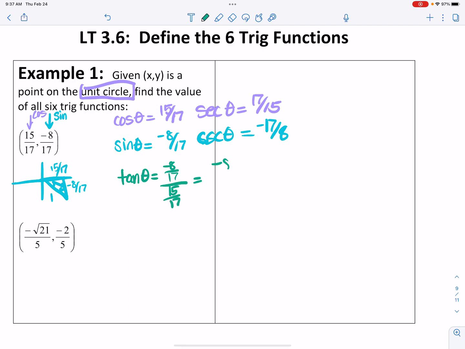So I'm going to multiply by the reciprocal. The 17s cancel, and I get a negative 8/15. Then the cotangent is easy because you just flip that, negative 15/8. Which is rise over run. The tangent is the slope of the line that goes through the origin.